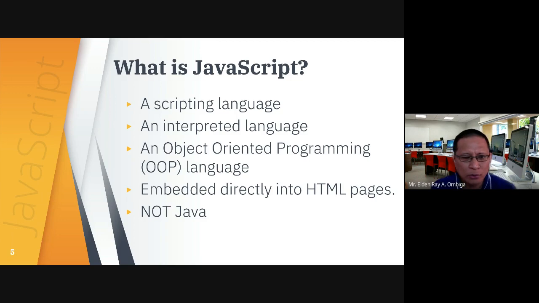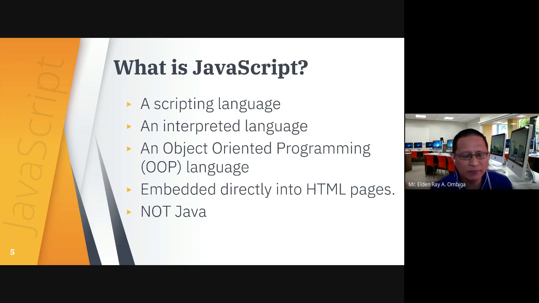And it's also embedded directly into HTML pages. So when you were in grade 9, we learned how to create HTML pages. Those pages that we had in grade 9 did not have any JavaScript included in them. It was basically more on presenting and designing web pages. So that was HTML.